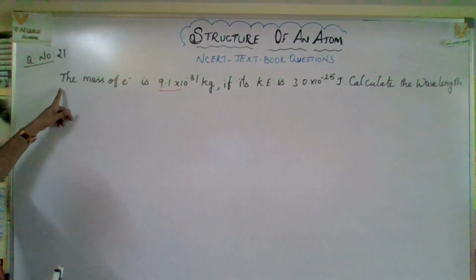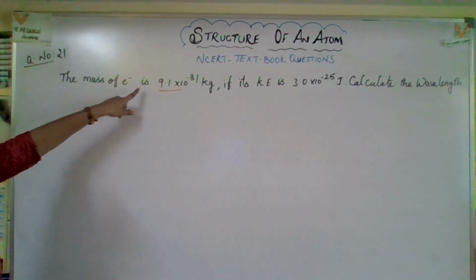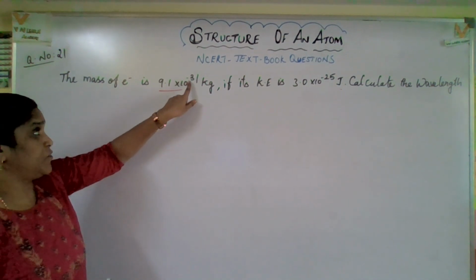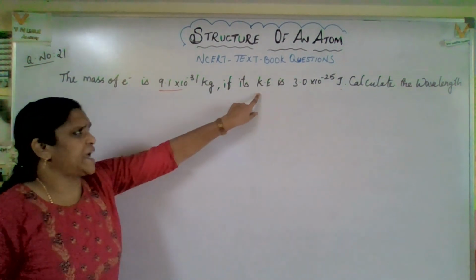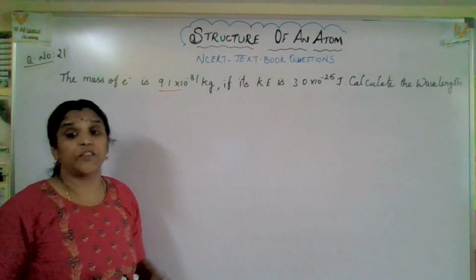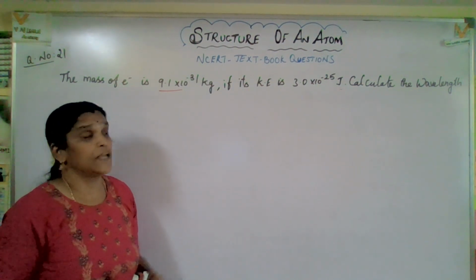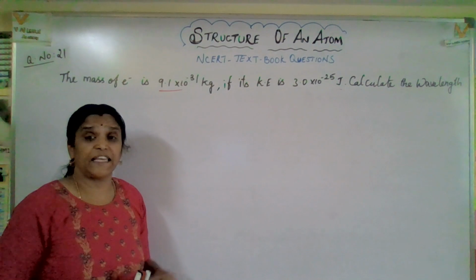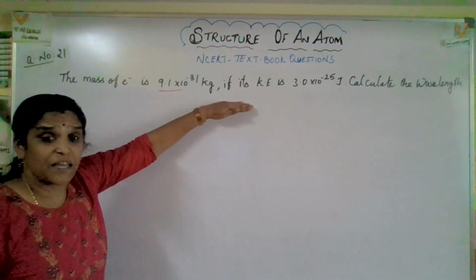Now the question says the mass of electron is 9.1 into 10 to the power of minus 31 kg, and its kinetic energy is 3.0 into 10 to the power of minus 25 joule. Calculate the wavelength. Here they are indirectly mentioning the moving electron.